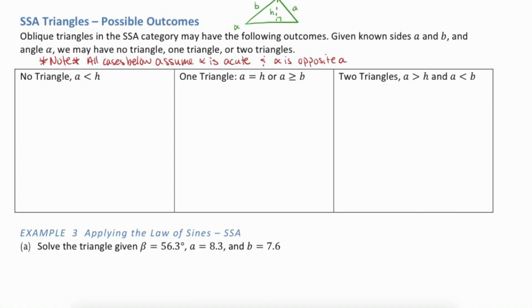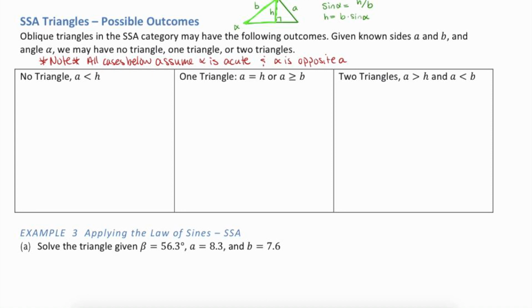So we can find H as follows. We know that sine of alpha equals opposite, which is H, over the hypotenuse, which is B, of this triangle here. So this right triangle is formed, and we're using that to find H. So H equals B times sine of alpha.